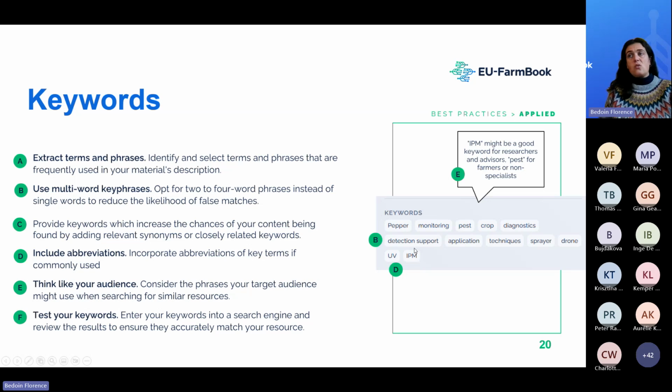So you use both IPM and pest as keywords. Try to think like your audience. Consider the phrases your target audience might use when searching for similar resources. You can also test your keywords in a search engine and review the results to see if it goes in the direction you expect.